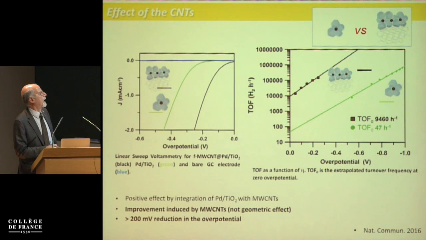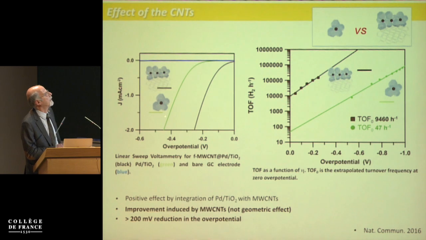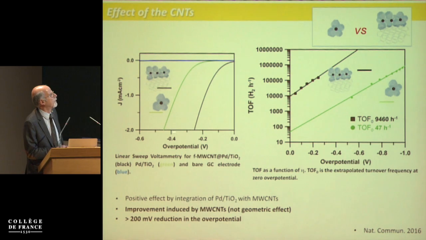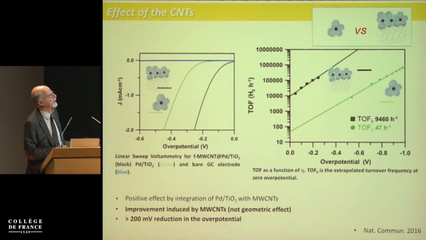In this case, we are using this material for the electrochemical generation of hydrogen, an electrolysis of water, which is favored by the presence of the catalyst. If we compare the titanium oxide and palladium nanoparticles on carbon nanotubes against the titanium oxide and palladium nanoparticles alone, we can see quite a difference in potential, which favors the presence of carbon nanotubes.